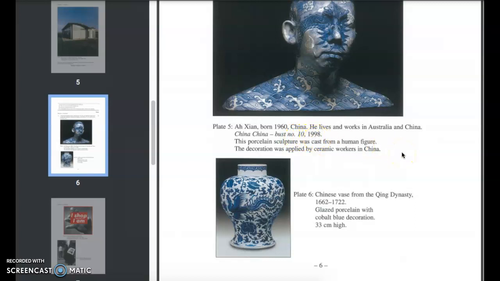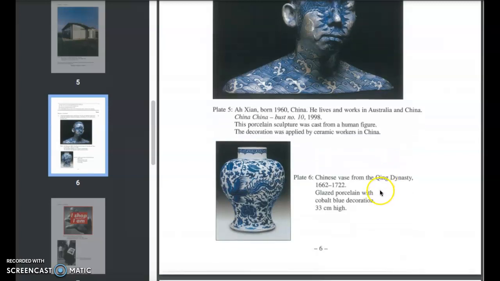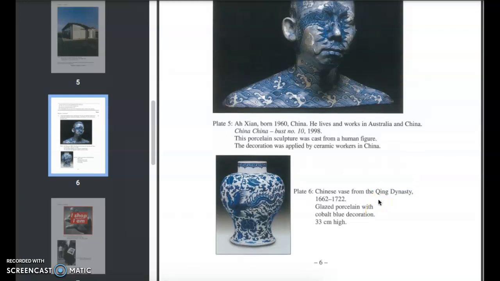This porcelain sculpture was cast from a human figure, and the decoration was applied by ceramic workers in China. The Chinese vase is from the Qing dynasty, 1662 to 1722. So in comparison to this one, which was made in 1998, this one is almost an antique or ancient relic. It's glazed porcelain with cobalt blue decoration, 33 centimeters high.